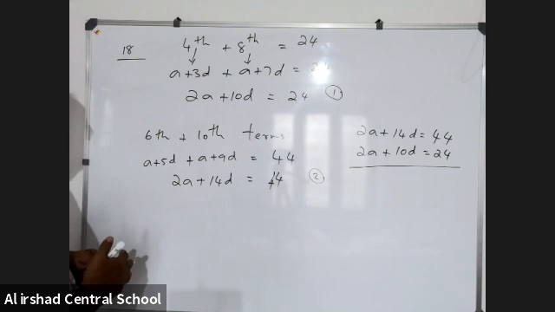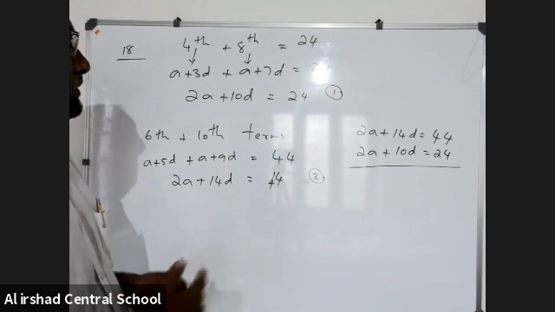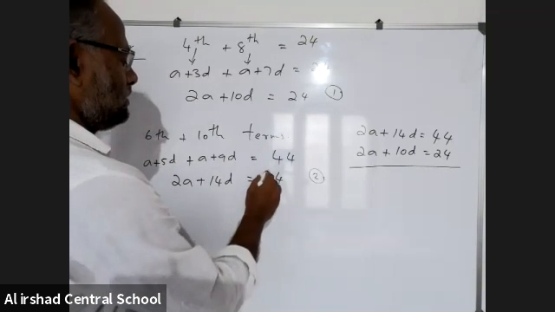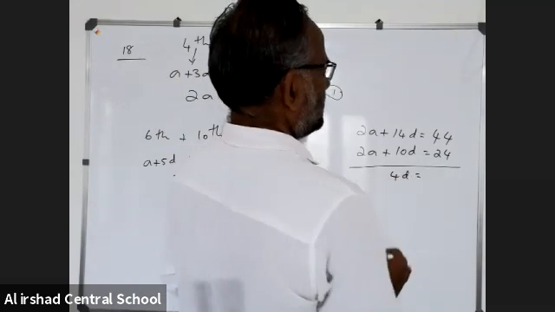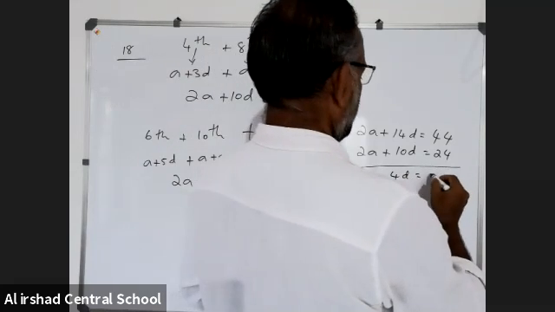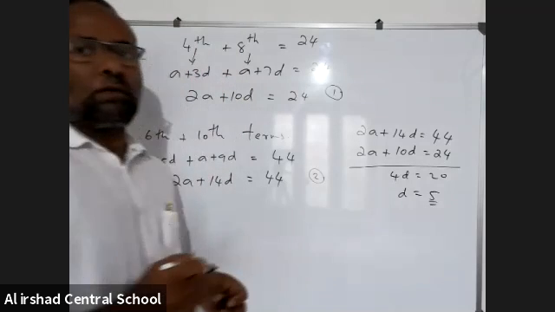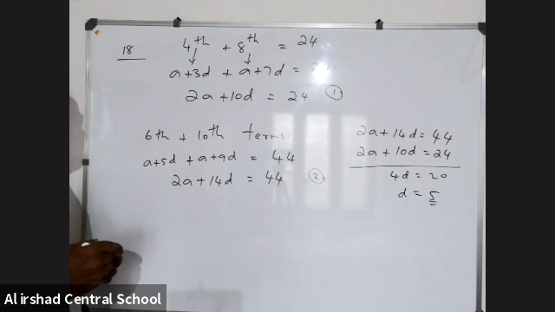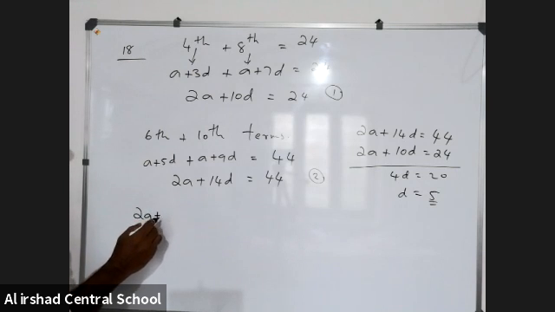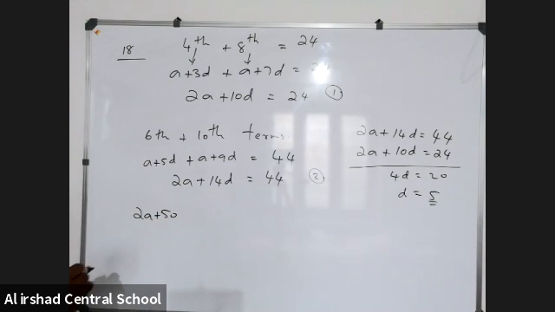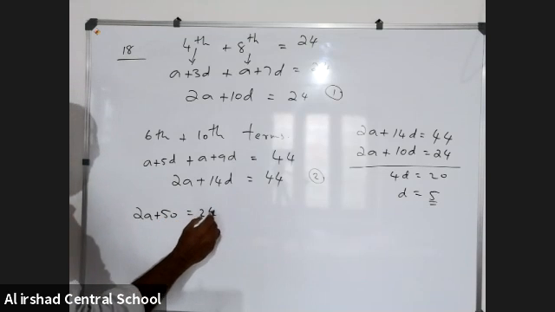Here no capital. This 44 only, this question only. Now subtract: 4D is equal to 44 minus 24, that is 20. So D is equal to 5. Now substitute to find A. 2A plus 10D is 24, 10 into D, 10 into 5, that is 50.